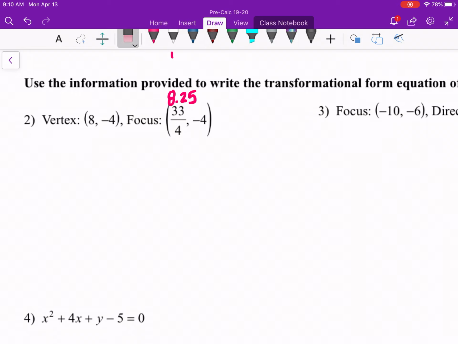So what I recommend doing is visualizing it on a graph. I'm going to graph my vertex 8, -4, so it's somewhere right here. And then I'm going to graph my focus.